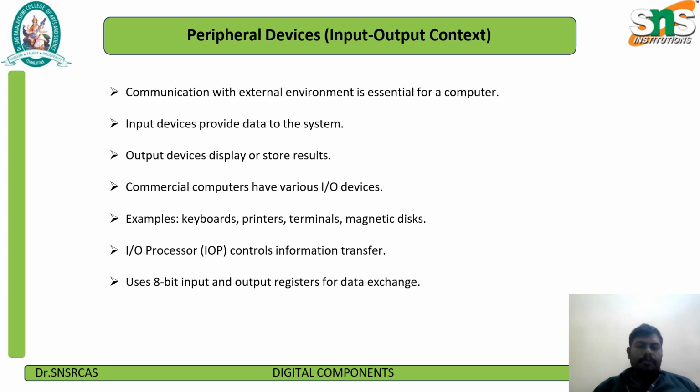Commercial computers have various input-output devices, and the output devices display or store the result. All the hardware and software devices used for input and output are called peripheral devices, for example the keyboard, printers, terminals, and the magnetic disk.